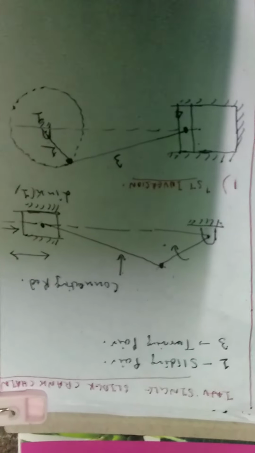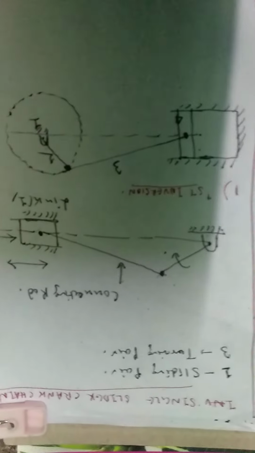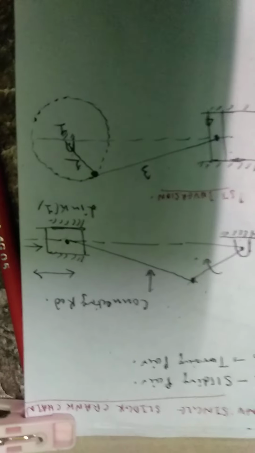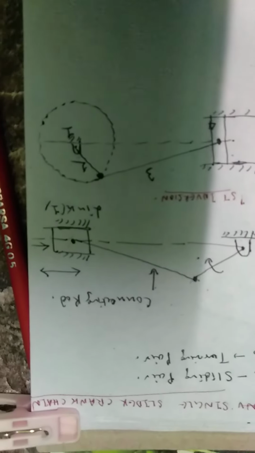So here the rotary motion of the crank is being transferred to the reciprocating motion of the piston. The input is the rotary motion and the output we get is reciprocating motion.